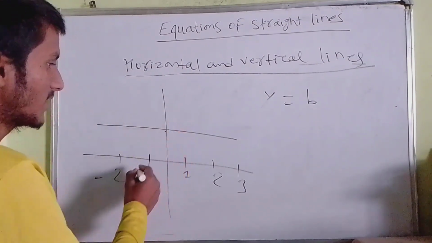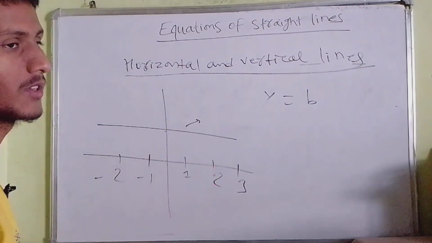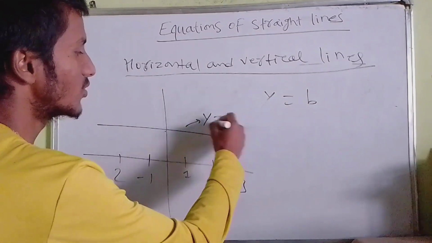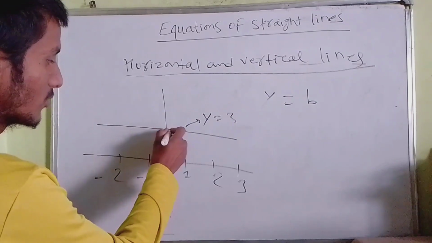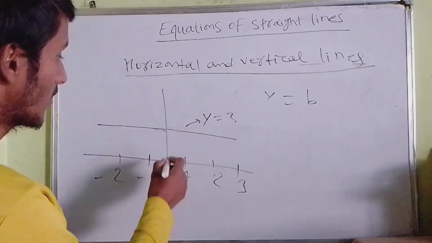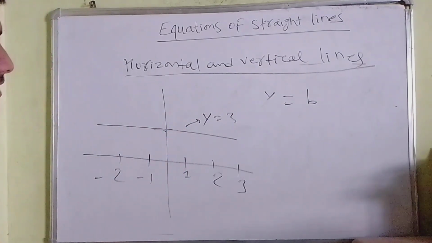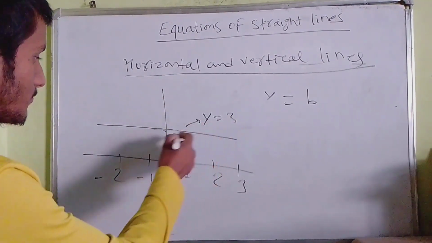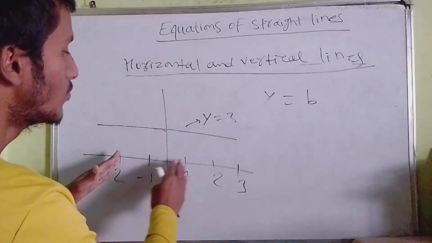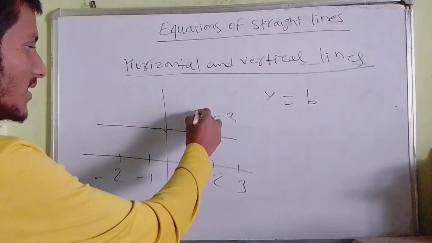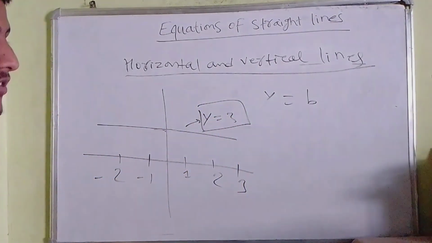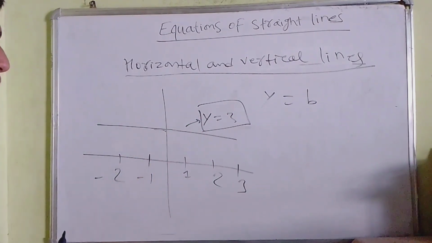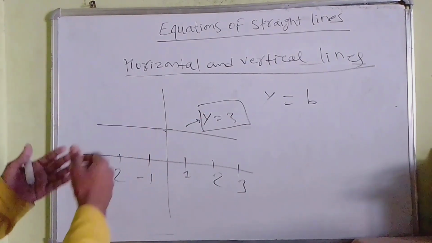So here is the graph of the straight line y is equal to 3, because y doesn't change wherever you move on x. So we just say it's a constant, y is equal to 3, meaning at whatever value of x, you're going to have y the same, or constant.